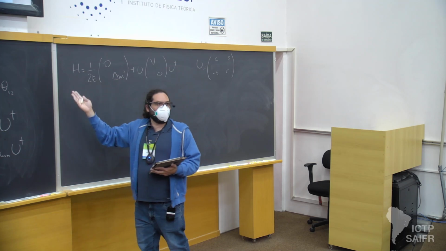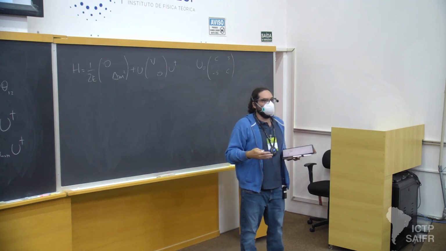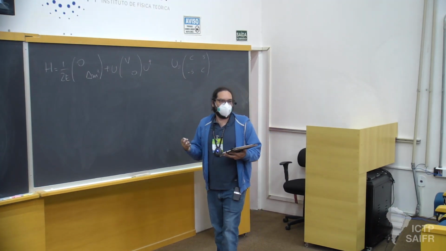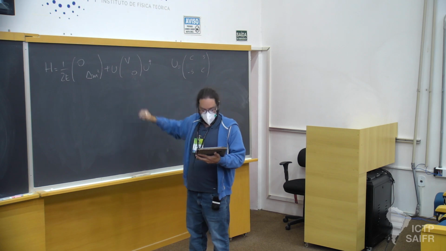I can always diagonalize this Hamiltonian to find the eigenvalues and eigenvectors. The eigenvalues of the Hamiltonian are the energy levels, so those are the energy levels in matter, accounting for this.